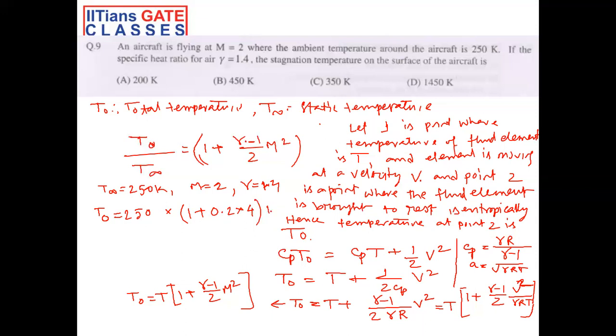So if we solve this, it will come something around 450 Kelvin. Hence, option B is the correct answer.